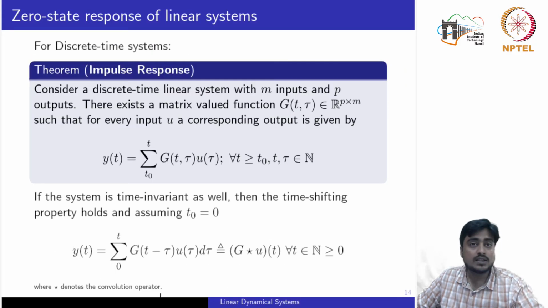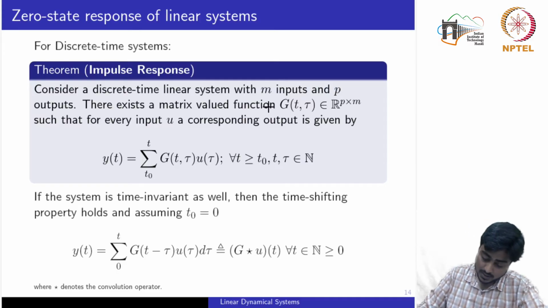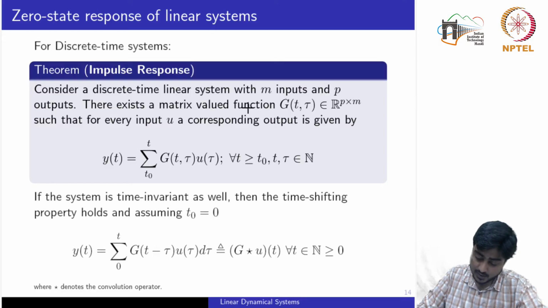Now going towards the discrete time system, a similar theorem applies as well: if we consider a discrete time linear system with m inputs and p outputs, there exists a matrix valued function g of t comma tau having the dimension p cross m, such that for every input u, a corresponding output is given by y of t.